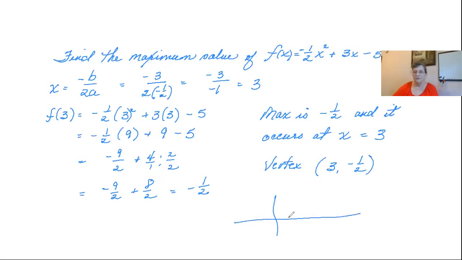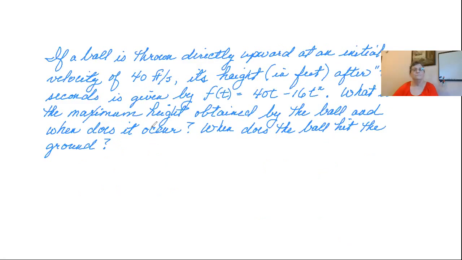So the graph, negative 1/2 would occur somewhere around there. It goes down. So the graph's going to look something like that. We not only know it goes down because it's a negative, but we know it'd be a comparatively shallow graph because it's going to be pushed back toward the x-axis by the 1/2. Let's look at another one.